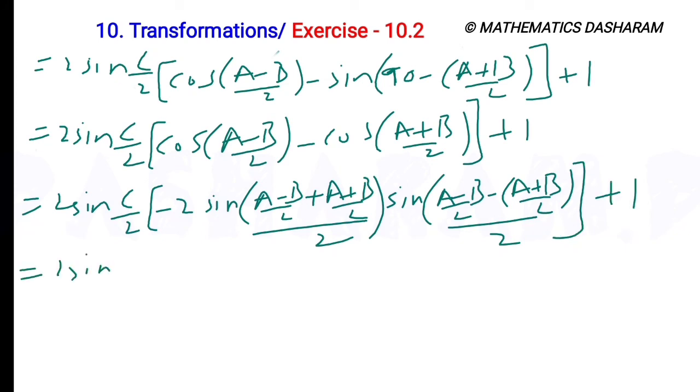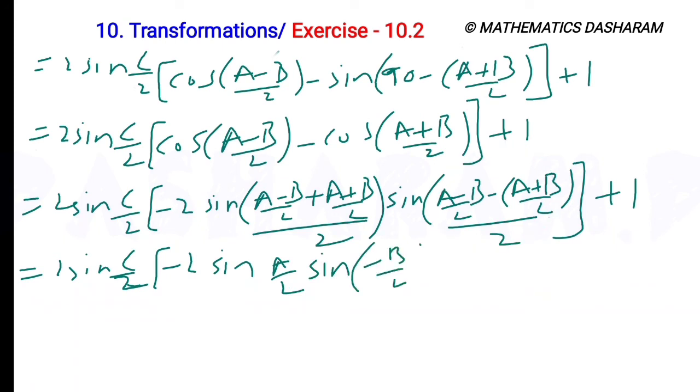So 2 sin C/2 into minus 2 sin, its total simplification is A/2, sin, its total simplification is minus B/2, plus 1.